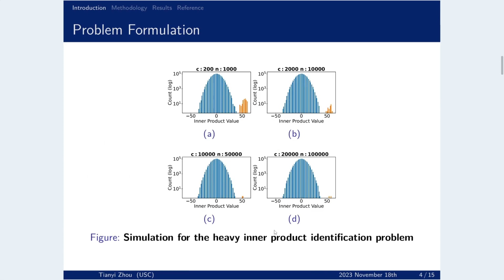So this is a figure that helps you understand the problem here. For each subfigure, we generate two sets A and B, which are both 60-dimensional with size n, and where C pairs of them are correlated and others are randomized. The values of C and n are defined in the subfigures.